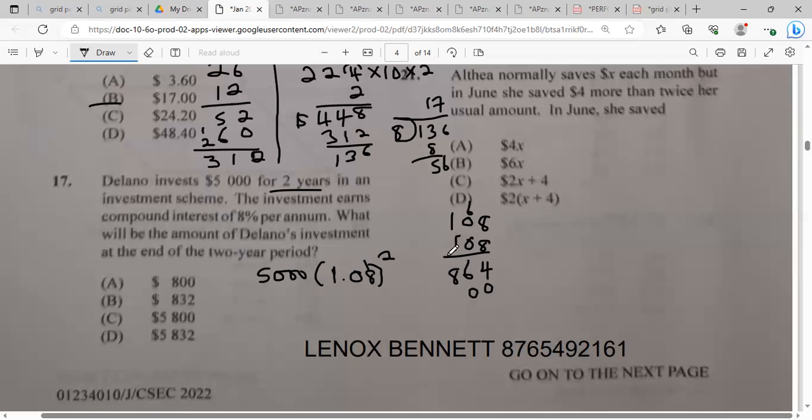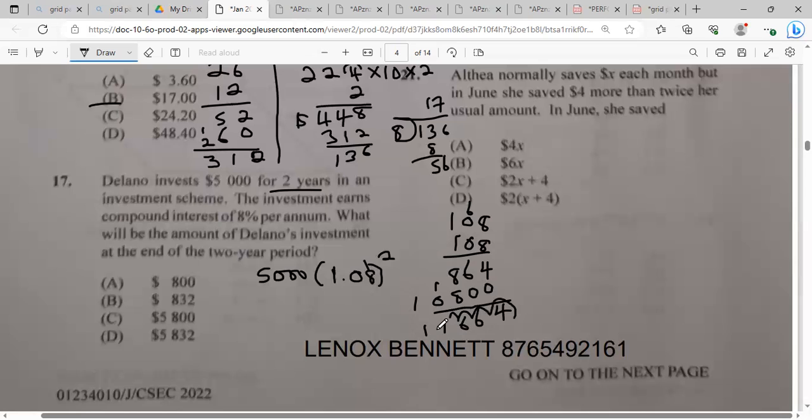And then I put the 2 zeros. So you got 4, 6, 6, carry 1. All right, so we have a total of 4 decimal places: 1, 2, 3, 4.